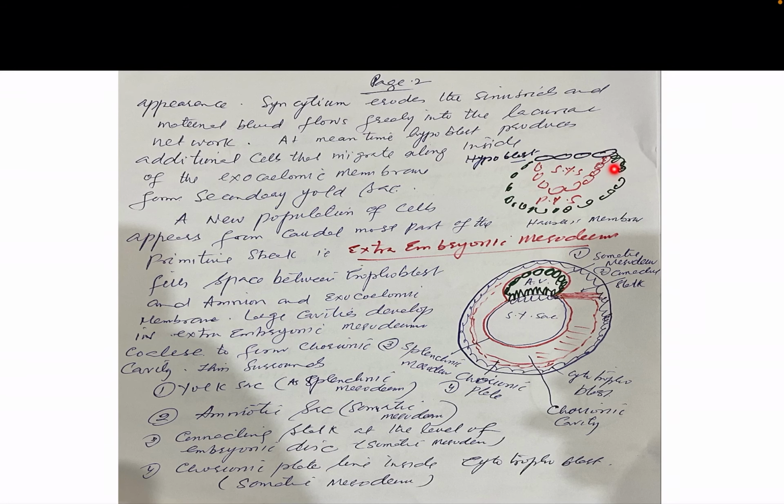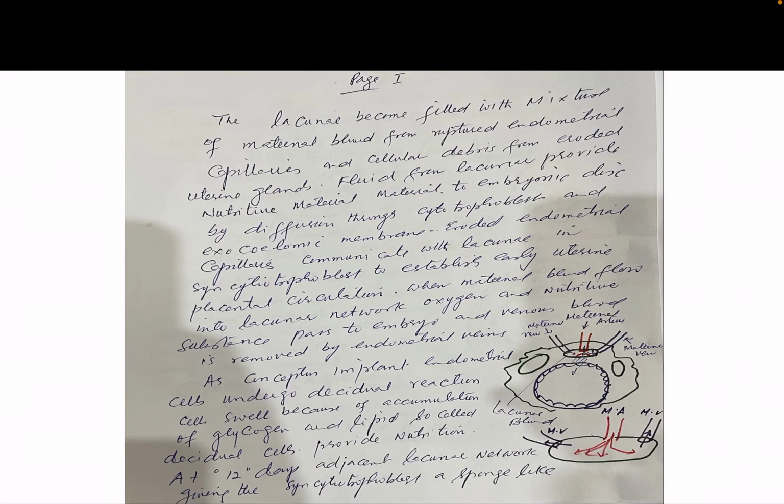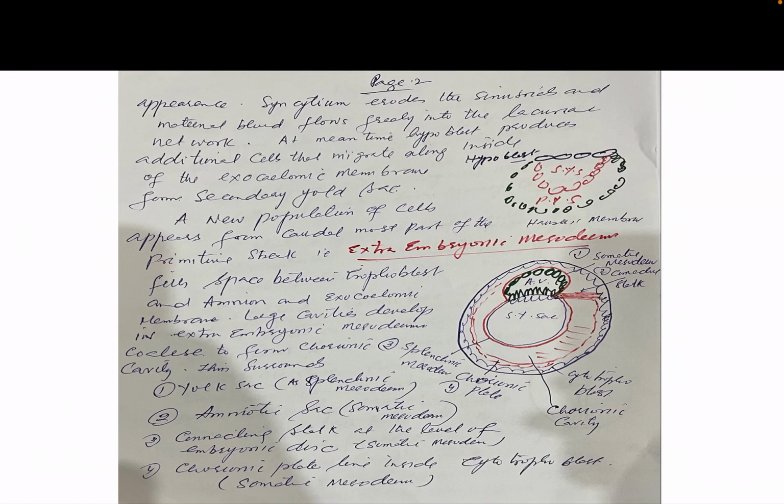This one is secondary, this outer is the primary. First, the secondary is not present, only this one is present, forming a large yolk sac, which is the primary. Later on, inside it another membrane develops from the margin of the hypoblast and makes a smaller yolk sac, which is the secondary yolk sac.